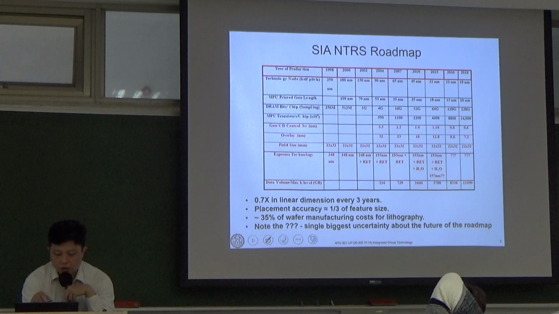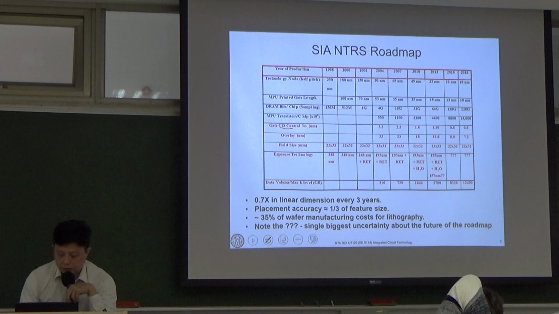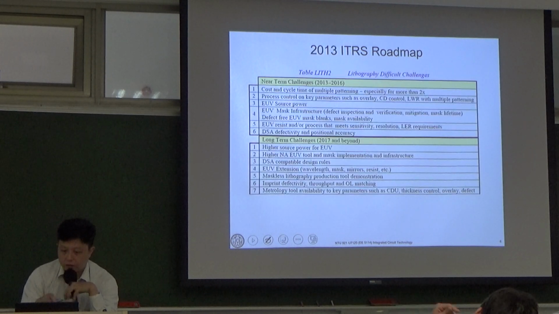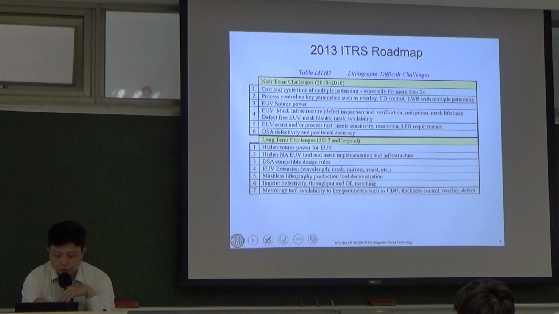So what we just mentioned, they are all listed in the roadmap, like your CD, critical dimension, overlay, field size, and what kind of exposure technology. Okay. And this is a more updated roadmap for lithography.